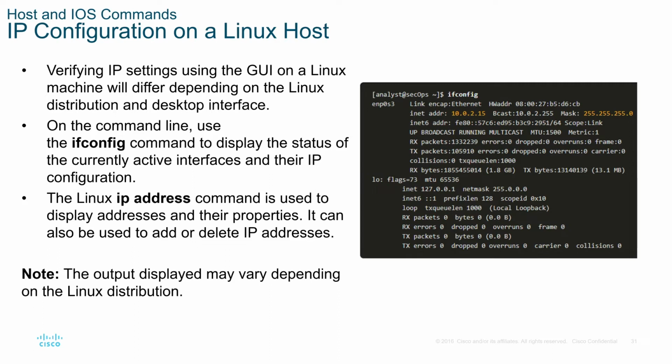In command line, it is ifconfig, or interface config, rather than ipconfig. The ifconfig command is used to display the status of the currently active interfaces and their IP configuration, as you can see in the diagram. It also gives us the maximum transmission unit size. The Linux ip address command is used to display addresses and their properties, and it can also be used to add or delete addresses.